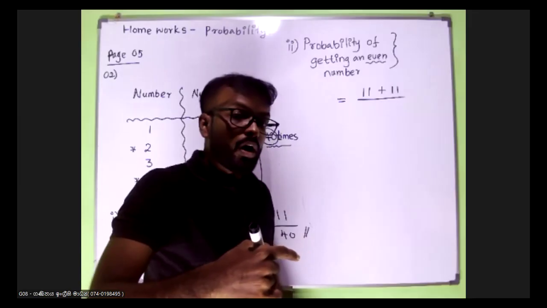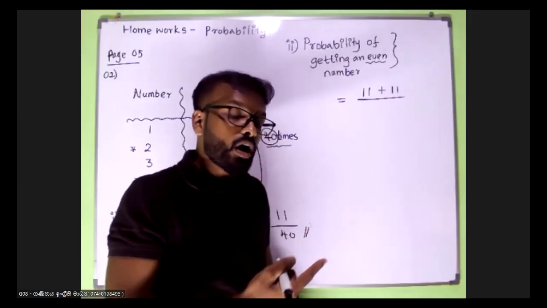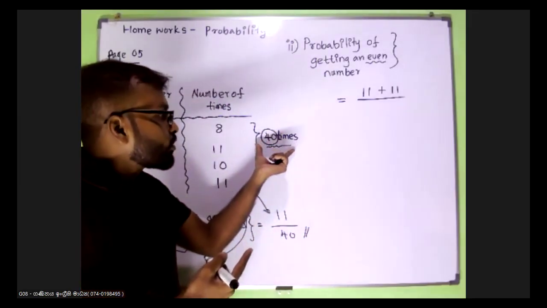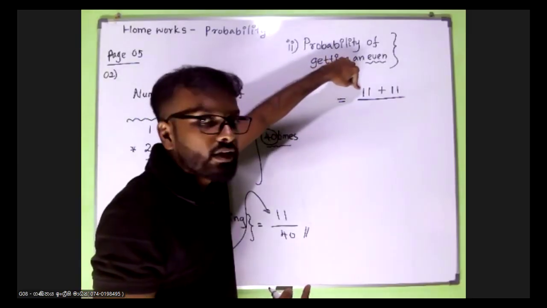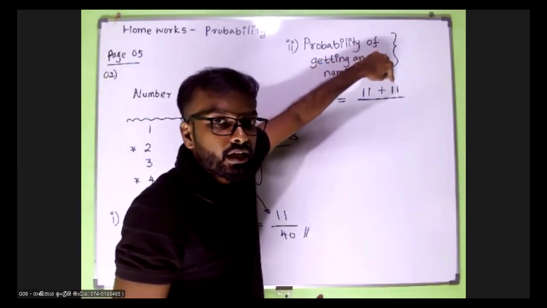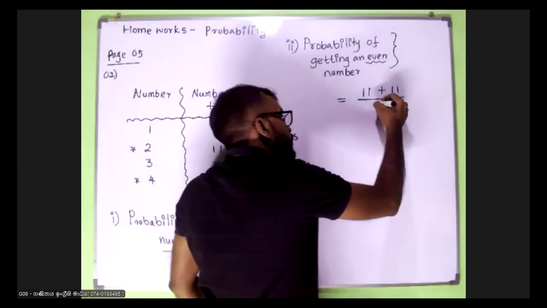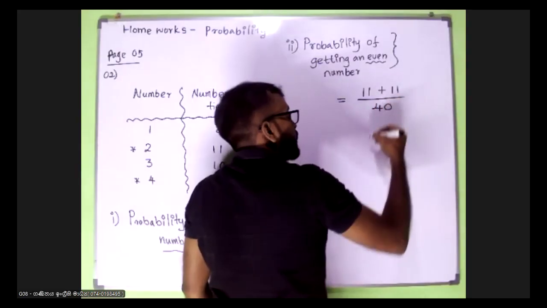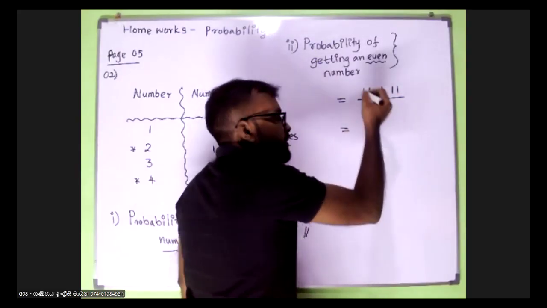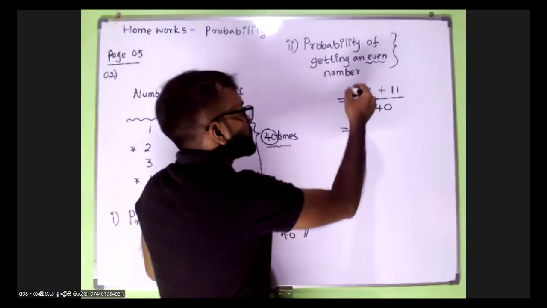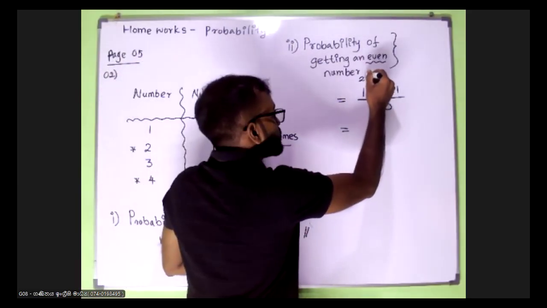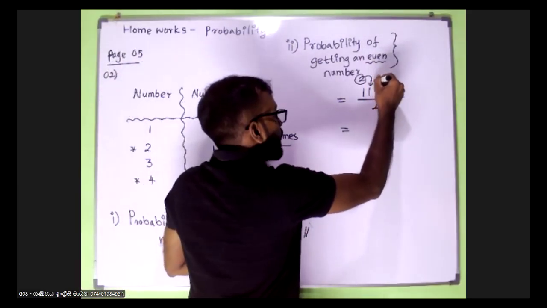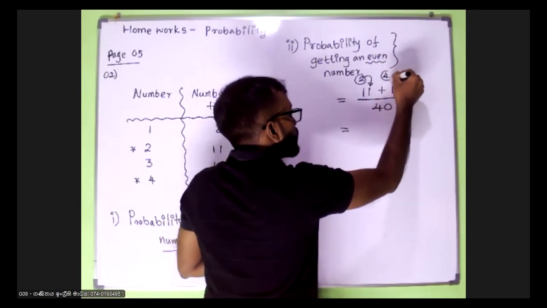Out of how many total times? Out of 40 times. Out of 40 times, number 2 occurs 11 times, number 4 occurs 11 times. Now you can simplify this one. So this is where number 2 occurs, and this is where number 4 occurs.